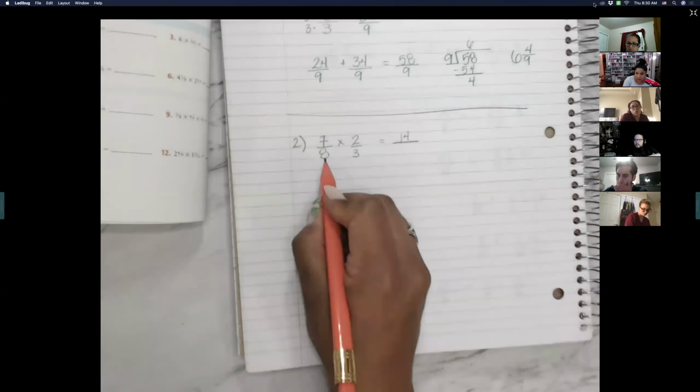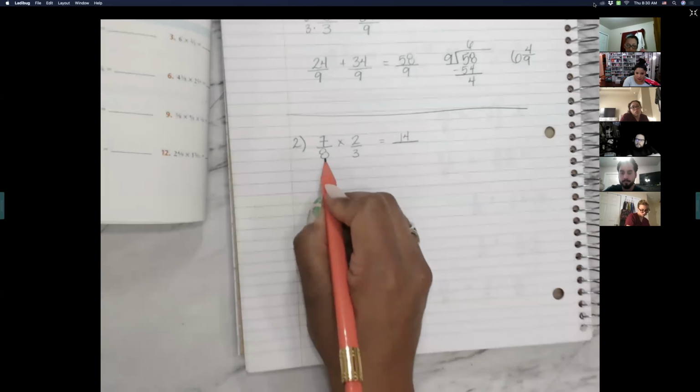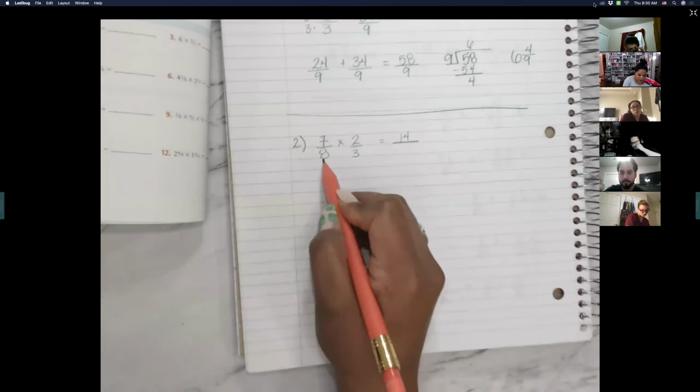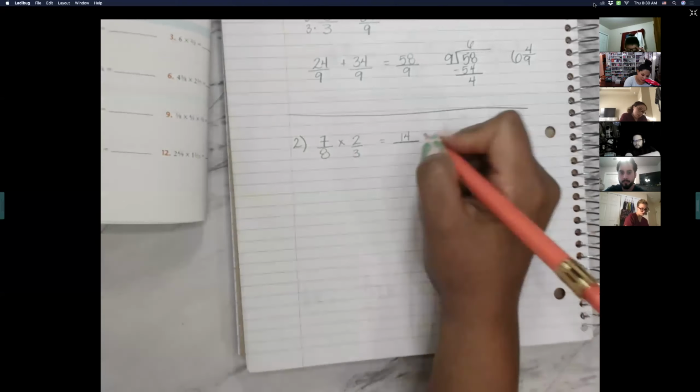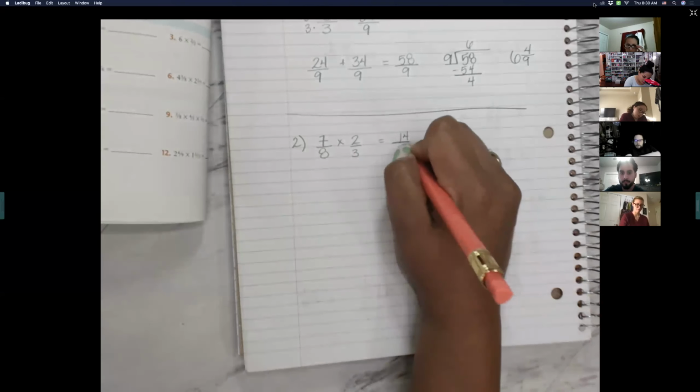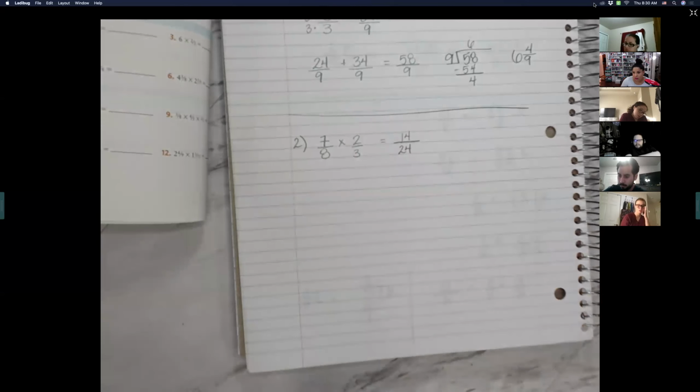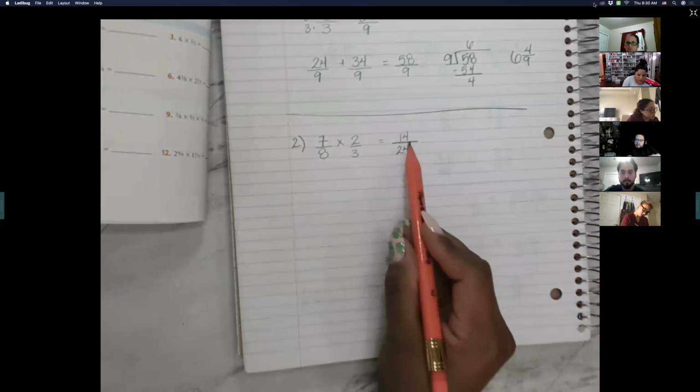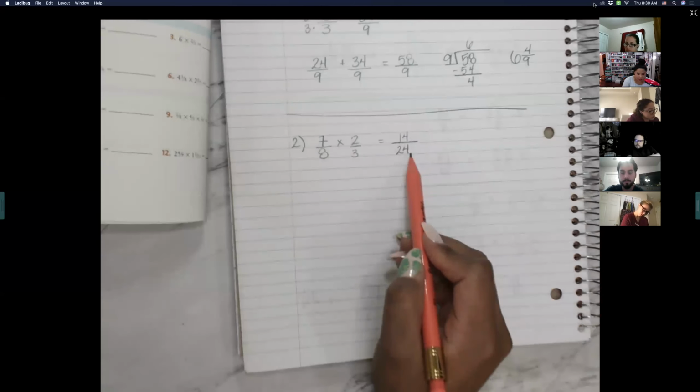I only then multiply my denominator terms. 8 times 3 gives me 24. Okay? So here, I have 2 even numbers, right?